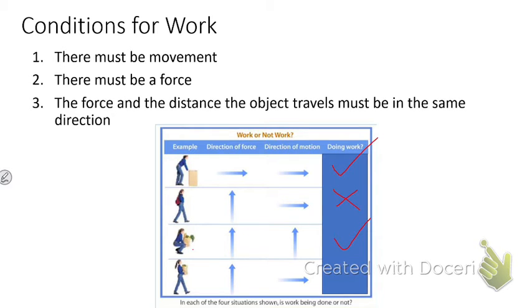We're doing work moving towards our house, but on the actual groceries themselves, because the motion and the direction of the force is not in the same direction, there is no work. So the force and the distance the object travels must be in the same direction. Okay, that is important.